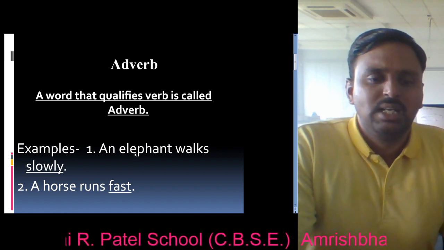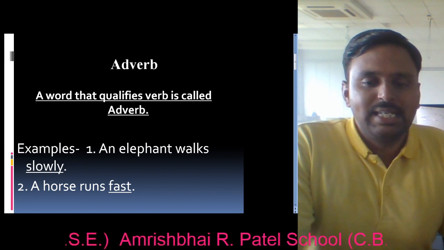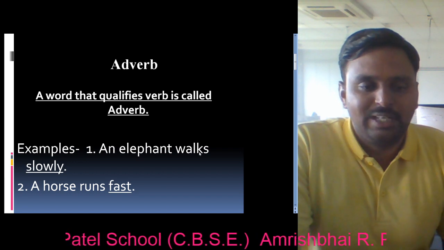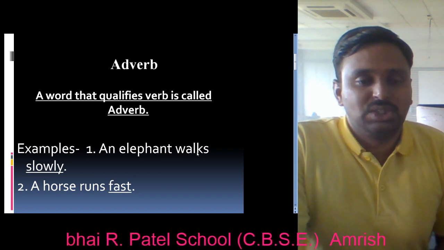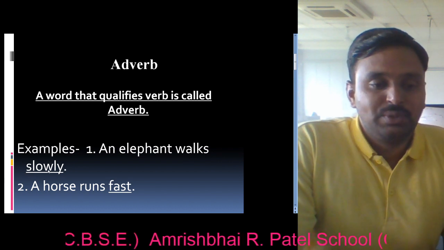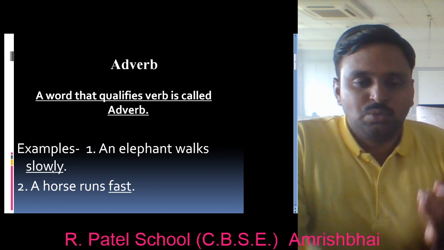Look at the example. An elephant walks slowly. Now here walking is the action. How does the elephant walk? That walking is the action of the elephant. But if you ask a question, how is it walking, you get the answer, that is slowly. So the elephant walks slowly.